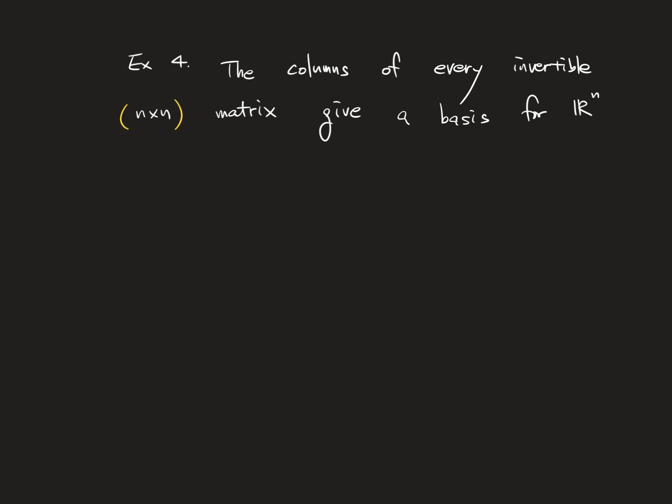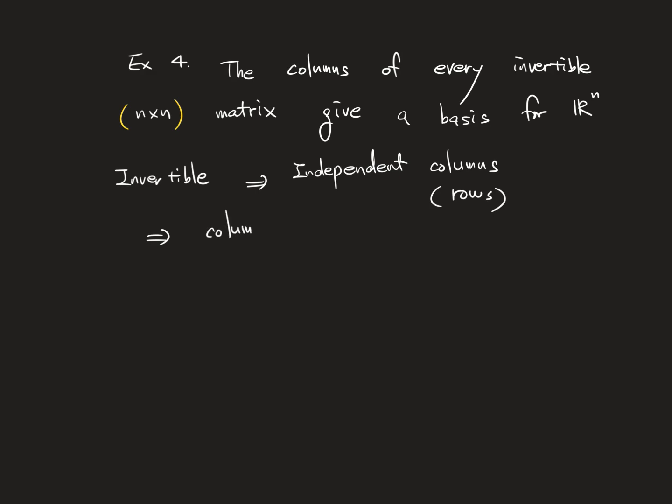The reason is that invertible means that we have independent columns or independent rows. So the column space will be Rn. So that's why.